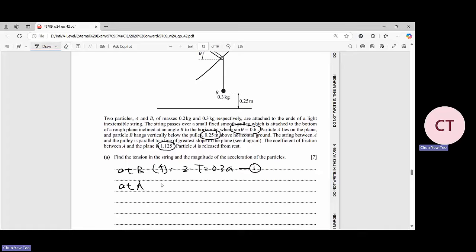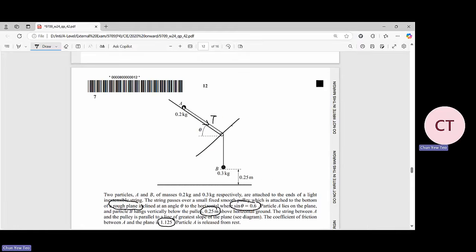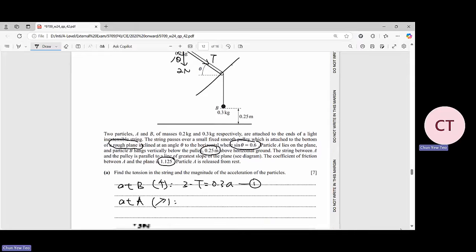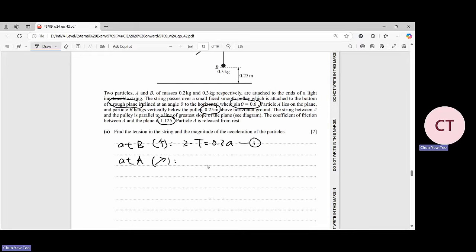Now A, we have to be careful because the surface over here, they mentioned that the surface is rough. So we need to find the normal contact force. So the normal contact force, this is the R_A. This is your mg, 2 Newton. Okay, and this is the theta. So if you resolve the forces perpendicular to the inclined plane, it will be R_A is equal to mg sine theta.